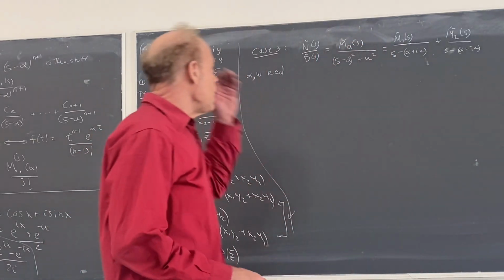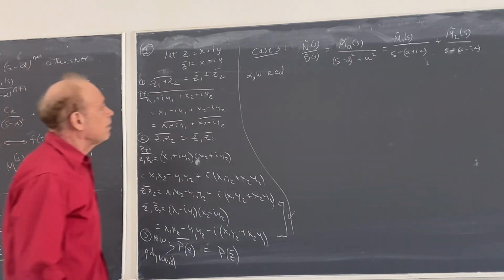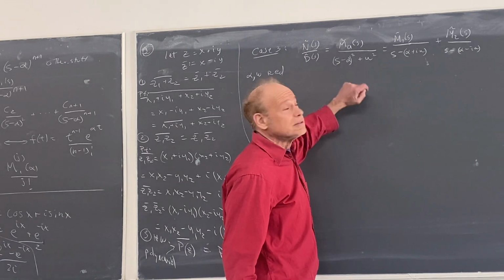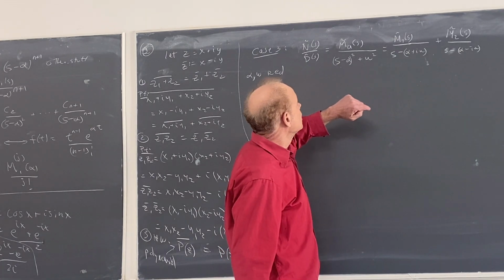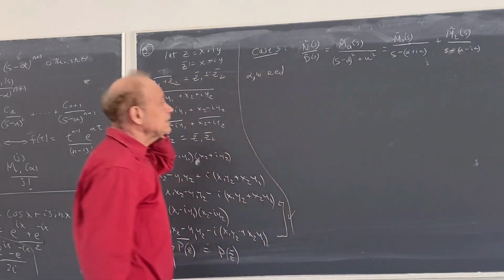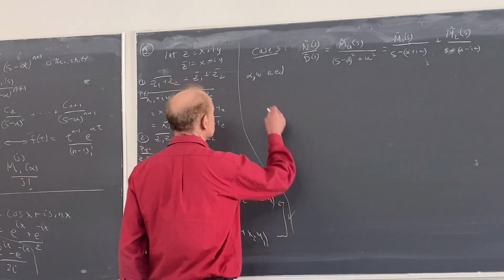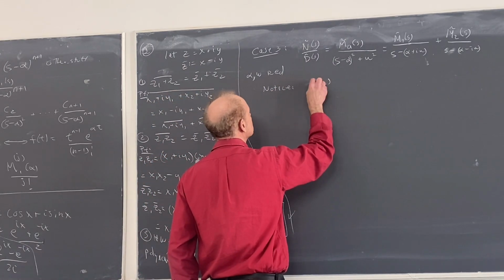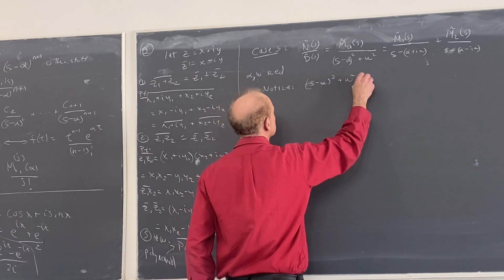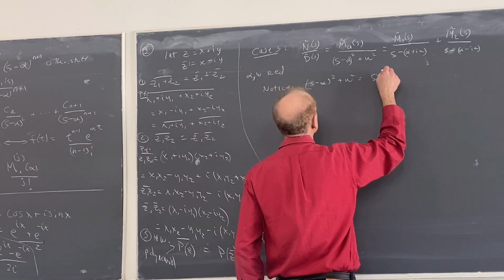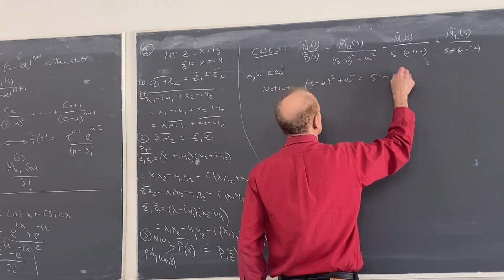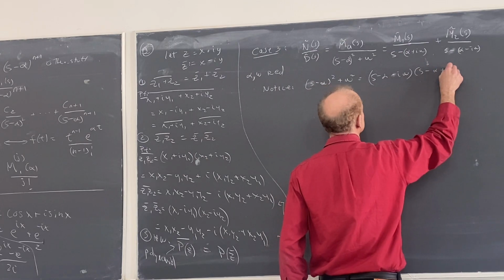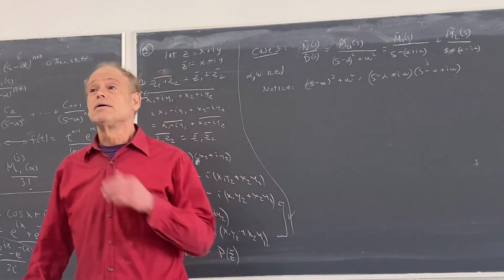Yes. Okay, so first let's notice that I claim that these two things in the denominator are the factors of this. So let's just notice what the factors are. Notice that s minus alpha squared plus omega squared is equal to s minus alpha minus i omega times s minus alpha plus i omega. Well, why is that?